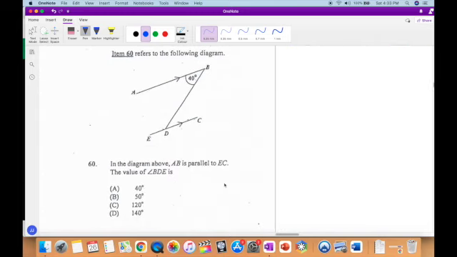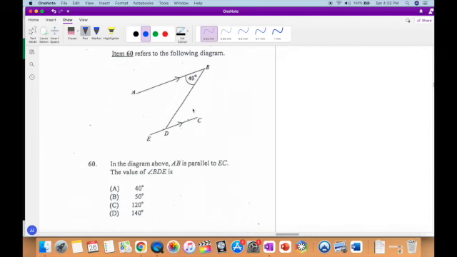And then the very last question of the day refers to the following diagram. We can see here that this arrow tells us that these 2 lines are parallel. We have the line AB being parallel to the line EC.